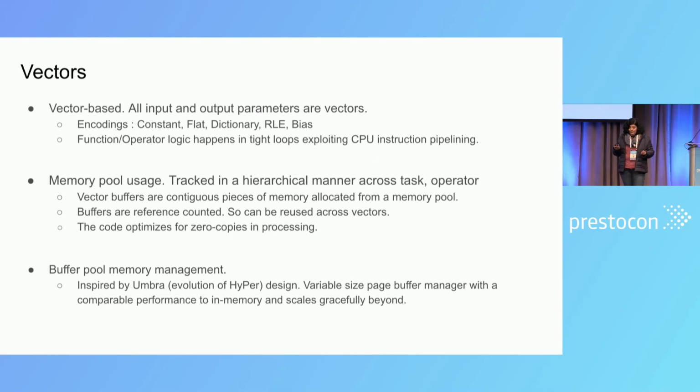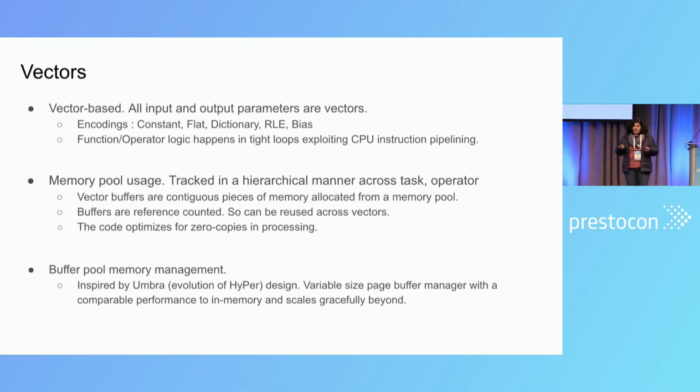And behind this, the buffer pool memory management is inspired by the Umbra paper, which is the evolution of Hyper, a system being built at TUM. This is the latest and greatest. Most traditional database systems or data engines worked with a fixed buffer size.